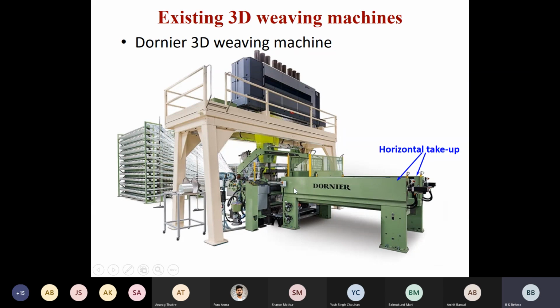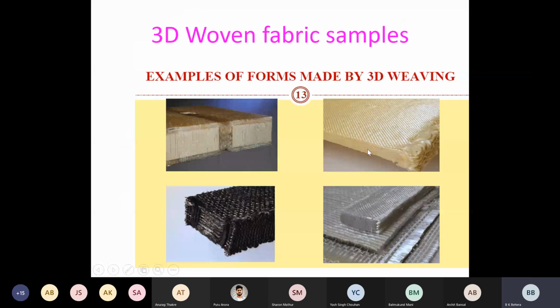in this machine, this is a horizontal take-up or linear take-up. The reason being, the kind of fabric we produce here is a very, very thick fabric. I have already shown you, look at this fabric. You cannot wind this fabric on a cloth roller. They are as strong as any ceramic tile. They will be used for bulletproof jackets.